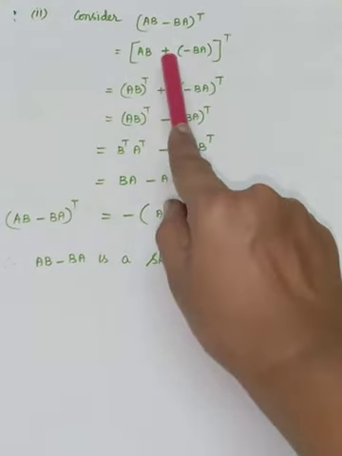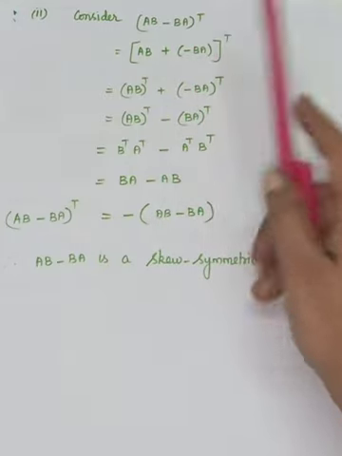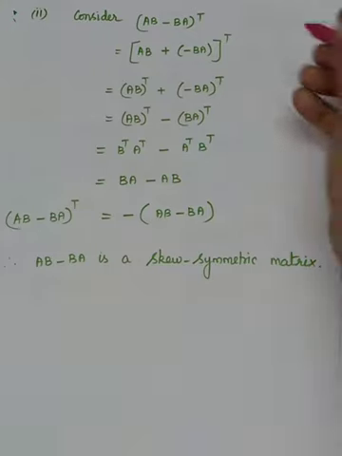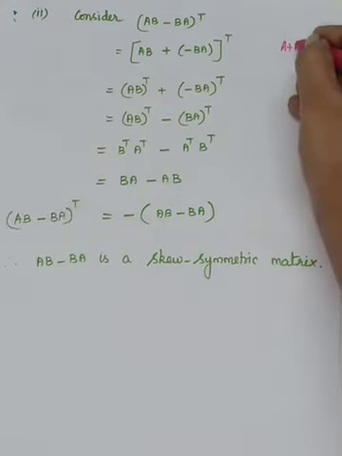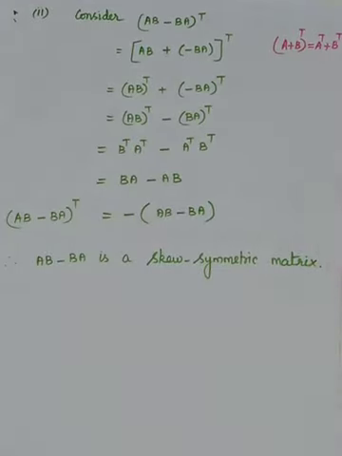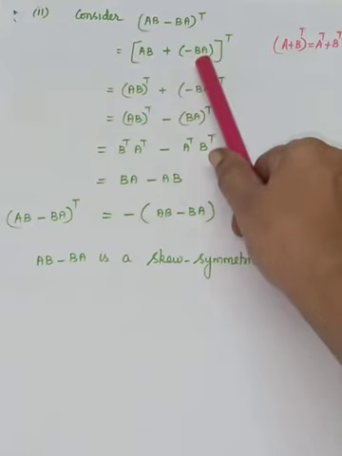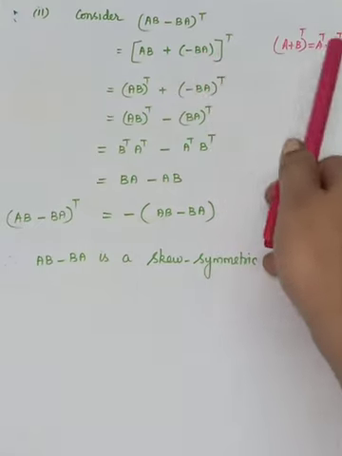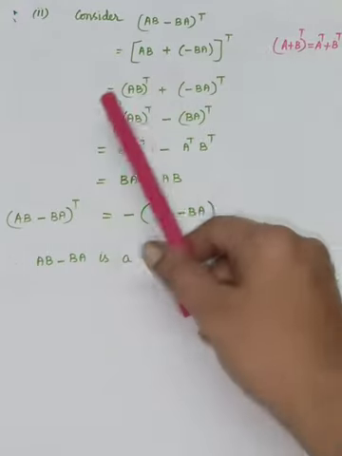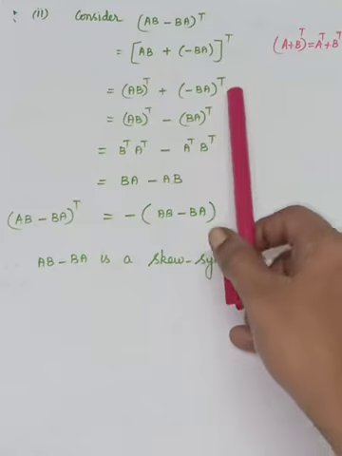So it is AB plus minus BA the whole transpose, because in the law we have A plus B the whole transpose is equal to A transpose plus B transpose. That's why in between we have written plus, and the minus combines with BA. So it can be written as AB transpose plus minus BA transpose.